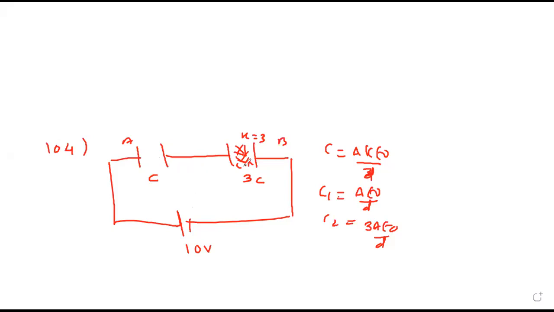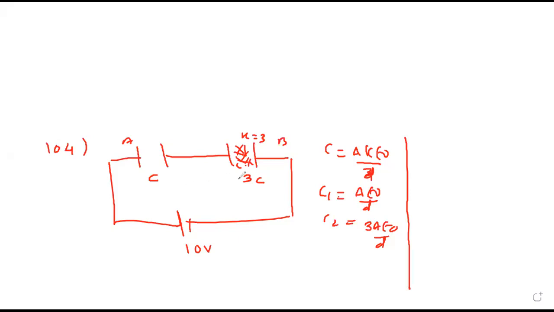So two capacitors are in series. I want potential across them. Charge will be same throughout. If charge is same, it is total charge upon total capacity.